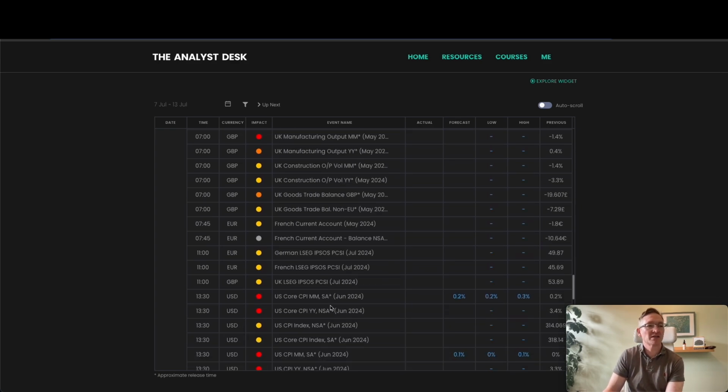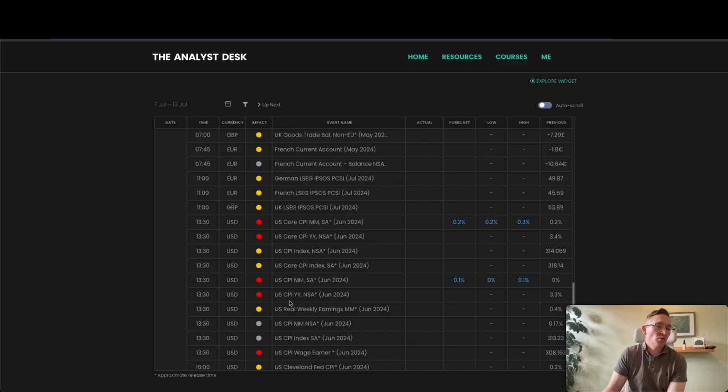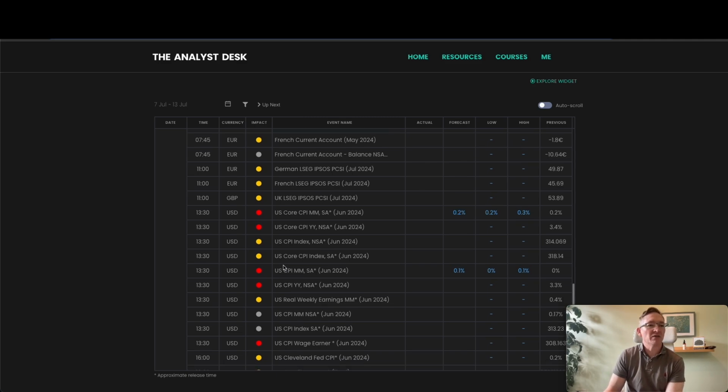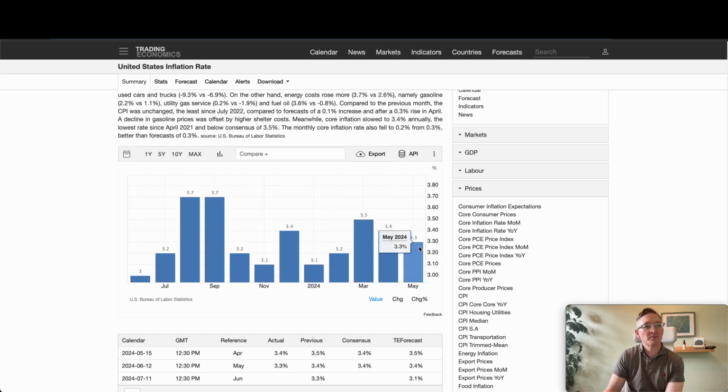Then we have this US CPI print. If you've been following us for a while, we all know how important US inflation data is. 3.3% was the last print for May, and if we see another tick lower, it just keeps open the path for US interest rate cuts.